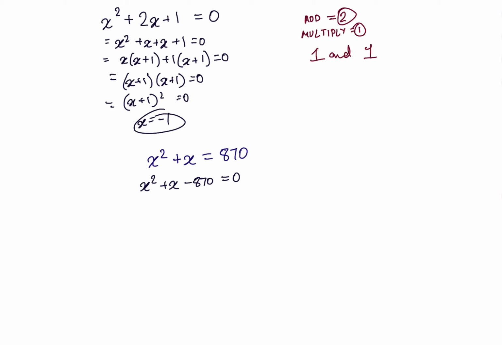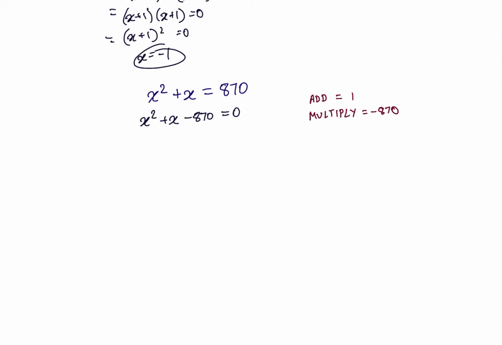Now, it isn't really obvious what we would add together to give us 1, and then when multiplied together, we'd get negative 870. So in cases like this, we'd be using something that's called the quadratic equation. And this is an equation that you can use whenever you're stuck with an equation like this and you need to find the value of x.